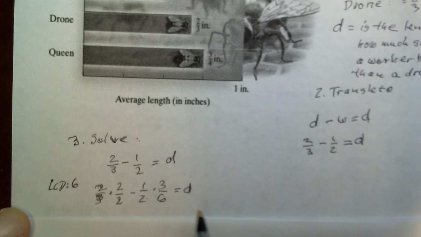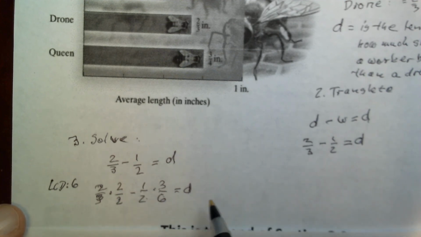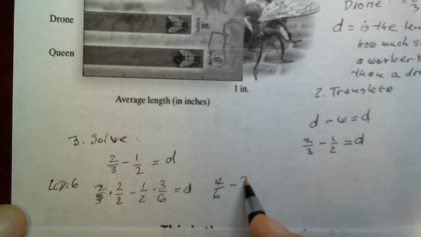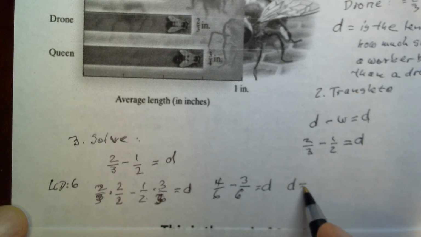So that's 2/3 times 2 divided by 2, where 2 times 2 is 4, and 3 times 2 is 6. Minus 1 times 3 is 3, and then we have 3 divided by 3, pardon me. 3/6 is equal to d. So therefore, 4 minus 3 is 1. So there we can say d is equal to 1/6.